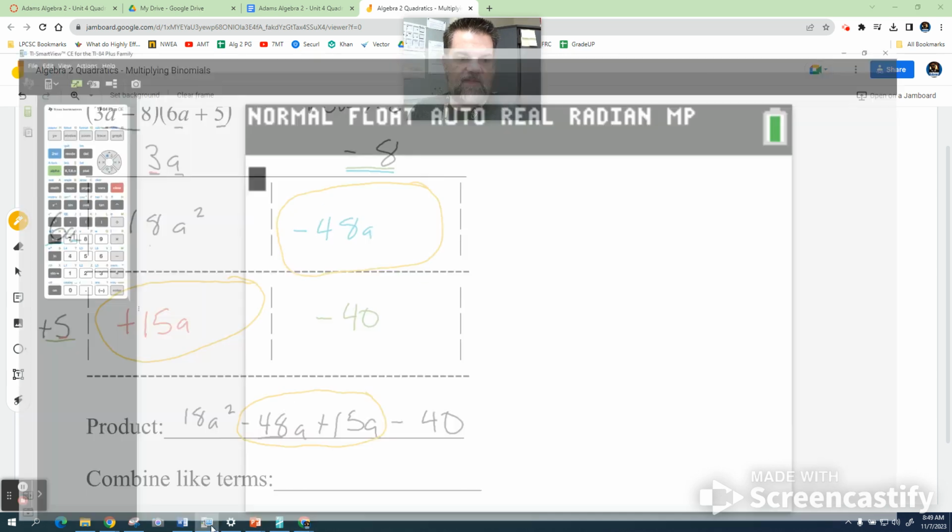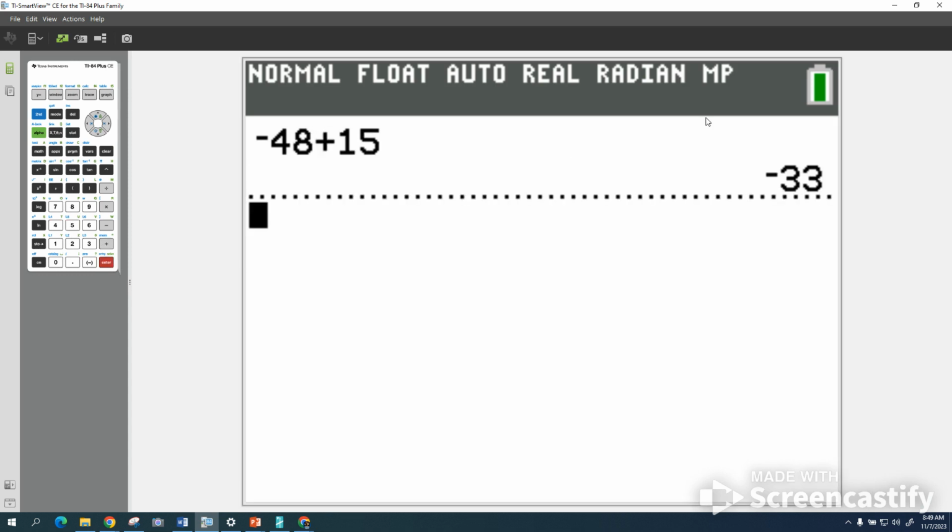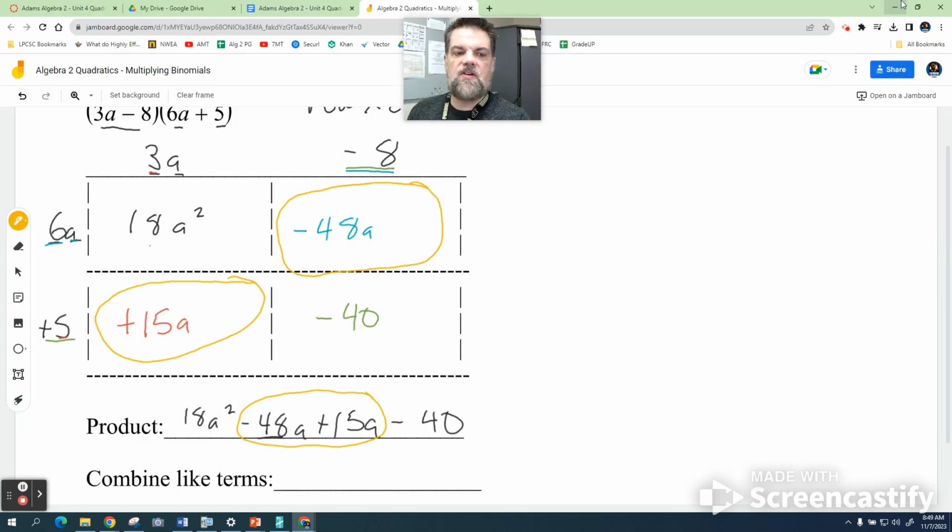I'm going to go into my fancy calculator and say negative 48 plus 15. Boom, negative 33. And don't forget the a, so that becomes negative 33a. So we're just going to write down 18a squared minus 33a minus 40.